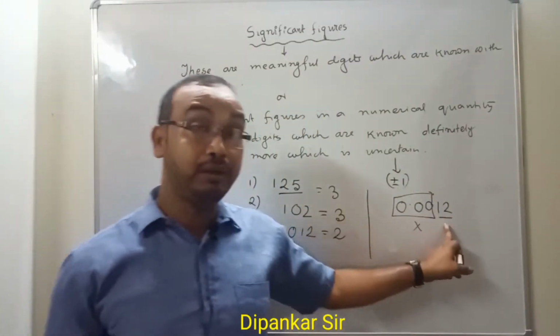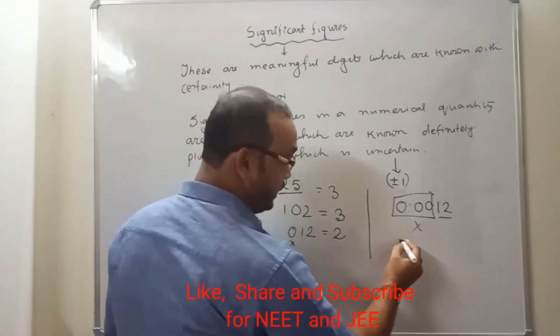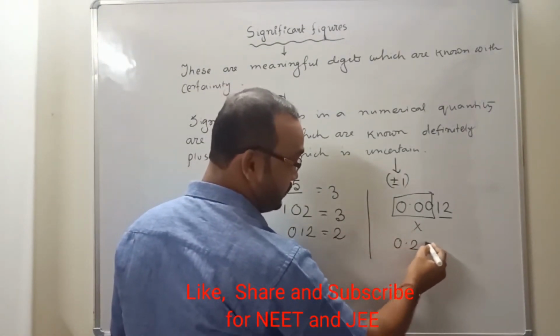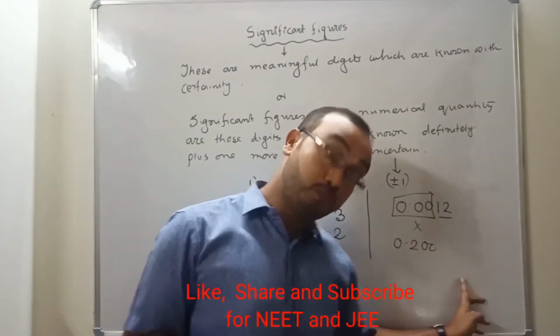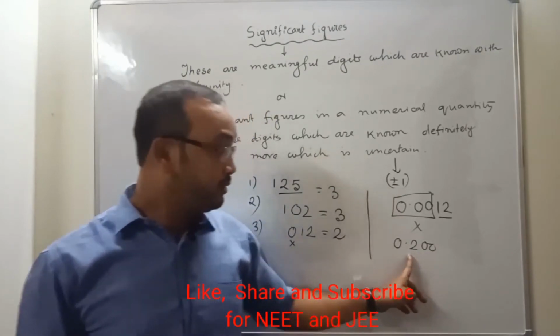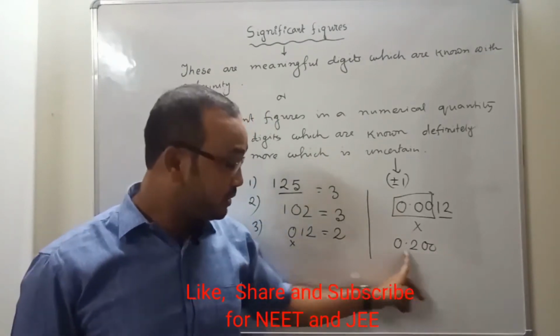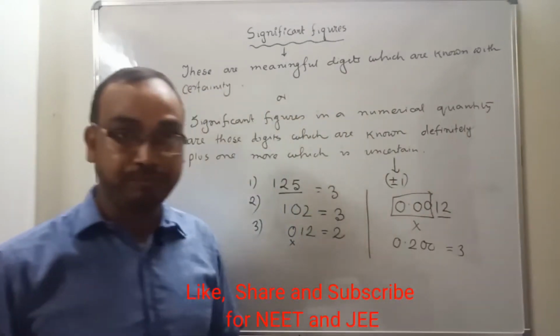So the significant figures here are 2. If any 0 is present after a non-zero digit, whether a decimal is present or not, then it is significant. That is, there are 3 significant figures there.